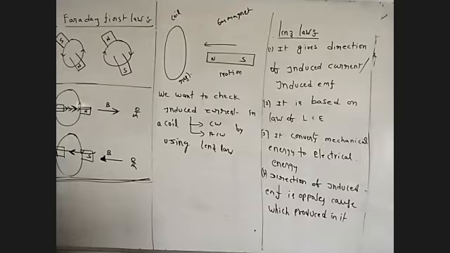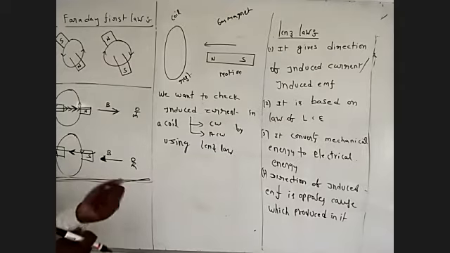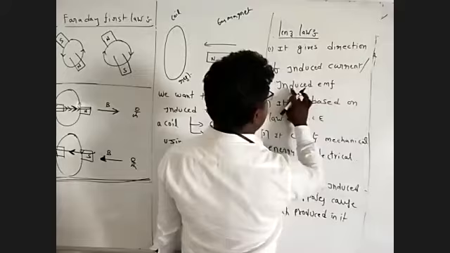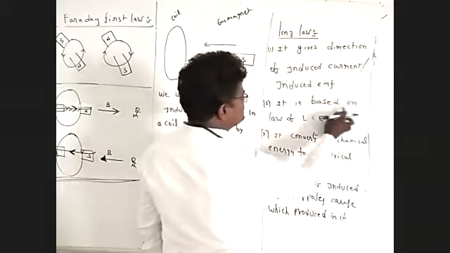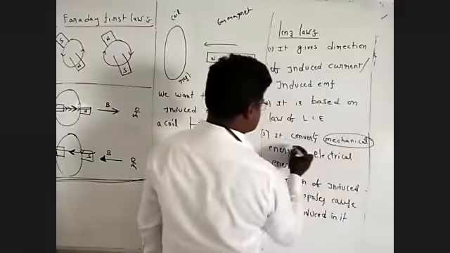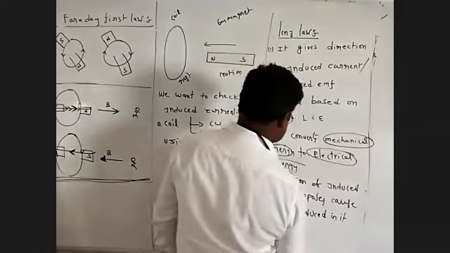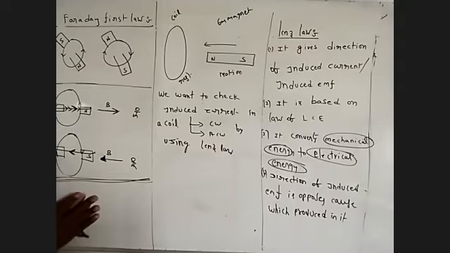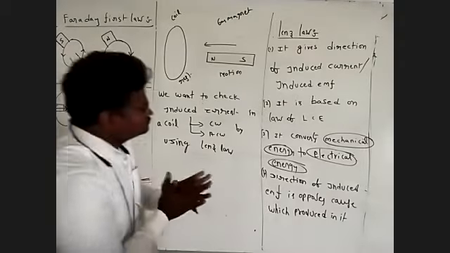Lenz law gives the direction of induced current or induced EMF. It is based on the law of conservation of energy. It converts mechanical energy to electrical energy. We want to check it. Now, let's find out.